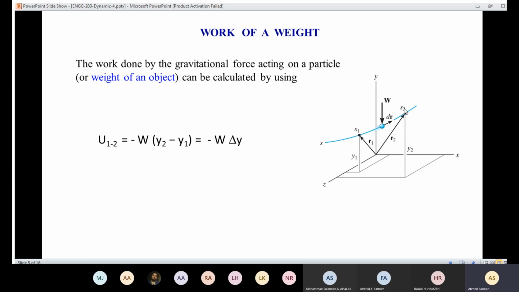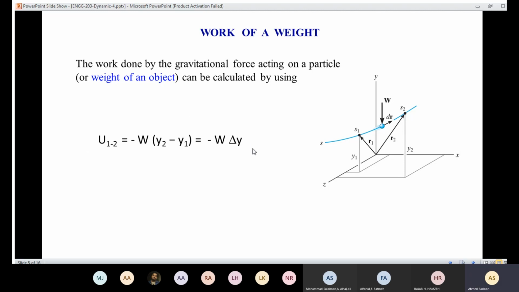And the work which has been done by the weight could be positive or it could be negative. So if the direction of the displacement is opposite to the direction of the weight, then the work is going to be negative.